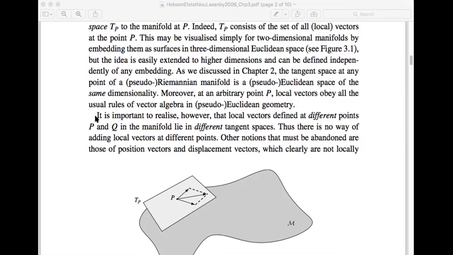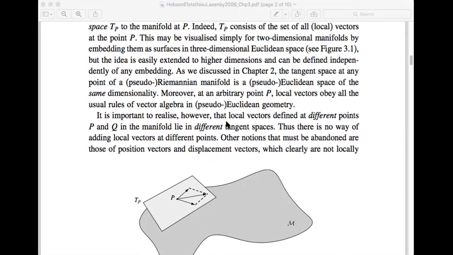Now let's go back to his text. It is important to realize, however, that local vectors defined at different points, say P and Q, in the manifold lie in different tangent spaces. He means that they're in different vector spaces.